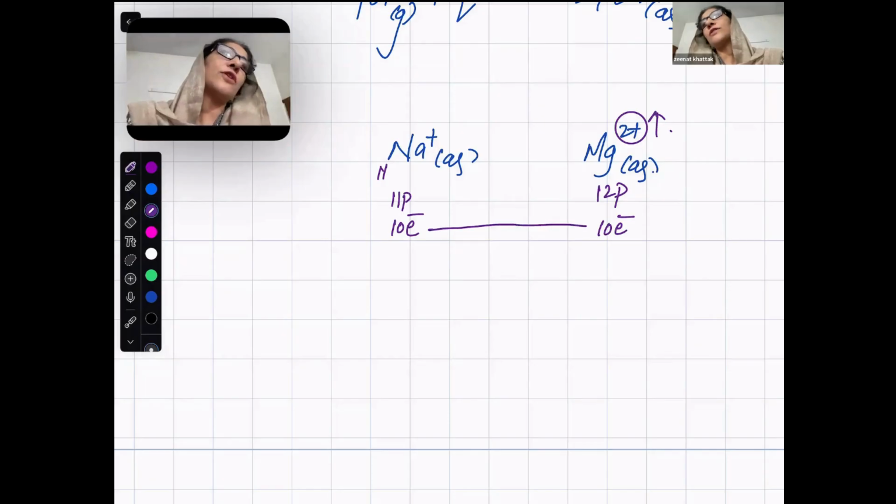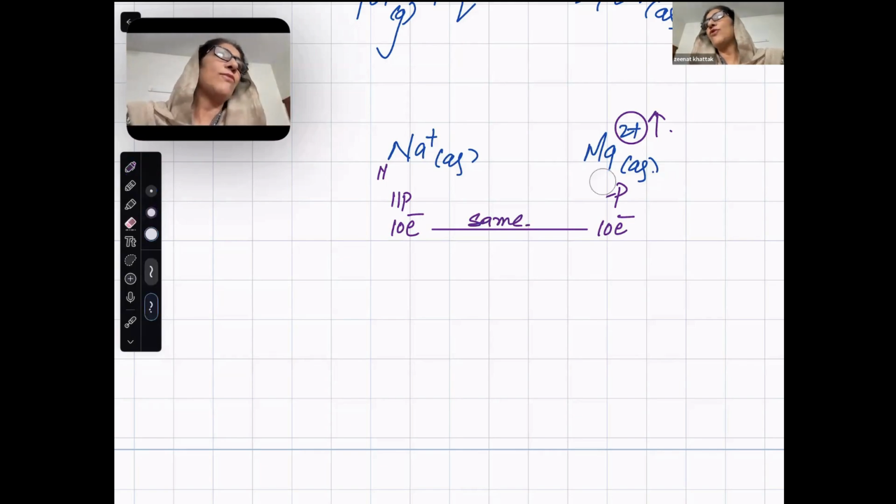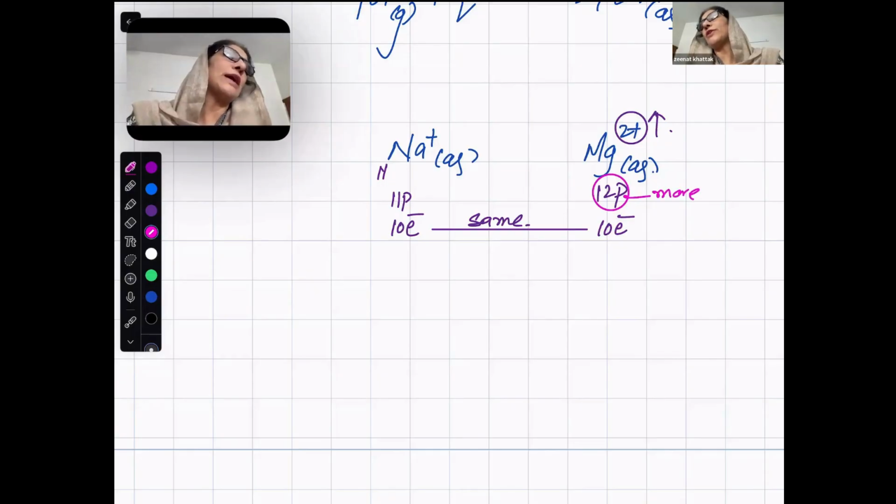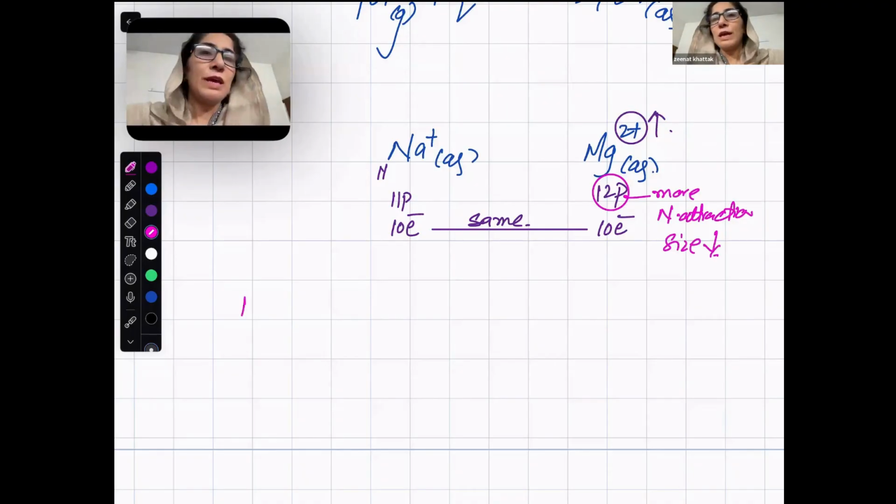See, the electrons are the same. So the deciding factor is what? Protons. More protons, more nuclear attraction, and size is small.